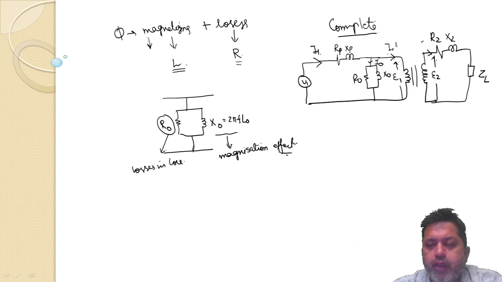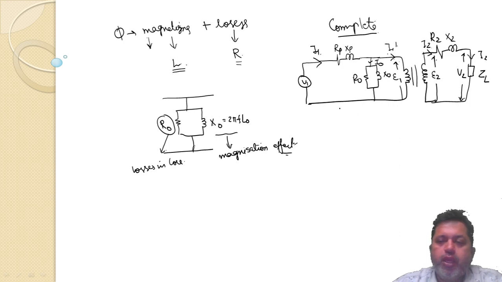This current is I2. Also I, that is the load current. So in this way we can get the complete transformer.